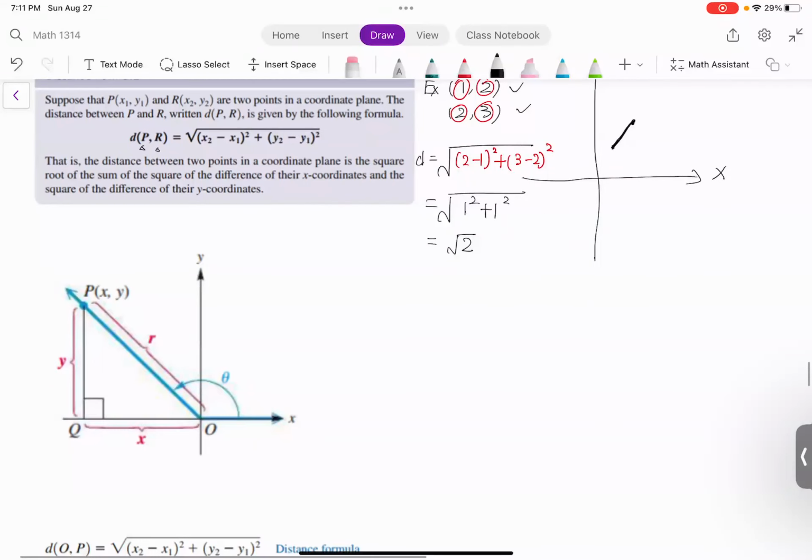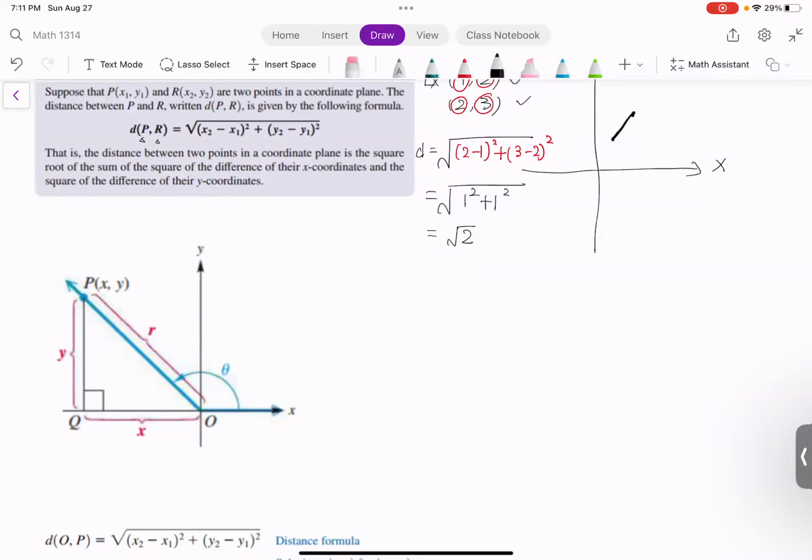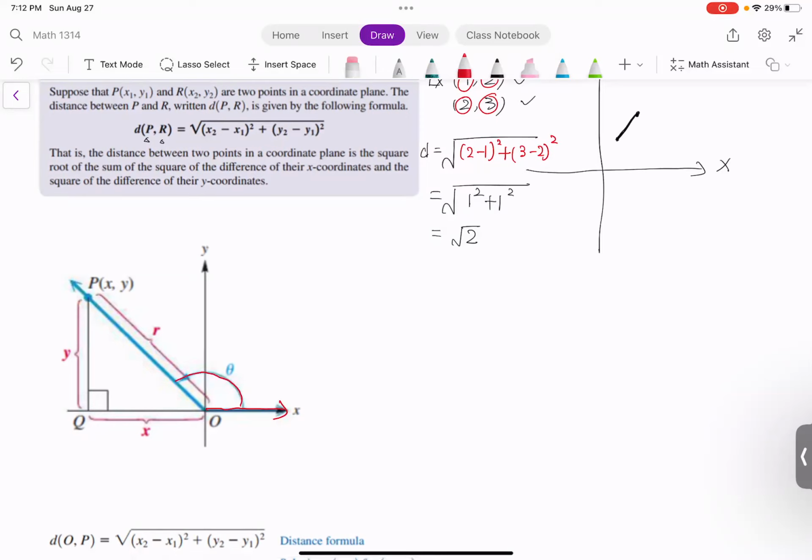How about if I have an angle in the standard position? For example, in the previous lecture, we learned this is the initial side, and then I do a counterclockwise rotation. I got my terminal side, and there is a point on my terminal side. Can you find the distance between the vertex O and the point P? What is the coordinate of the vertex O? 0, 0, right?